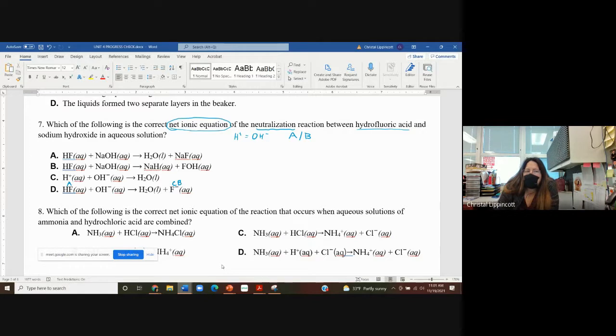So you always want to make sure that you have your acid and your conjugate base and your base and your conjugate acid listed in those neutralization net ionic equations. So you need to show, just like with our redox reactions, how the charges change with the oxidation numbers. You have to show which one of these is donating a proton and which one's receiving that donation on the other side.